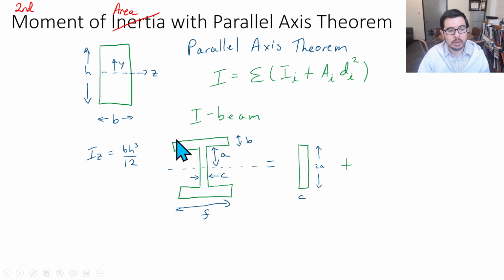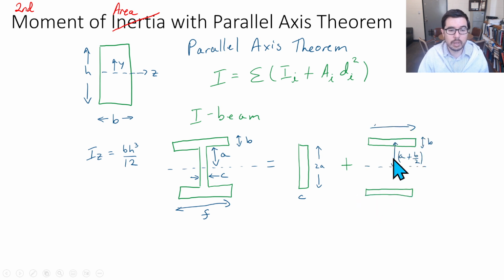I have this section here and this section here. So we need to do some type of summation and figure out the contributions to the second moment of area for these horizontal pieces. So we can go ahead and draw them there.